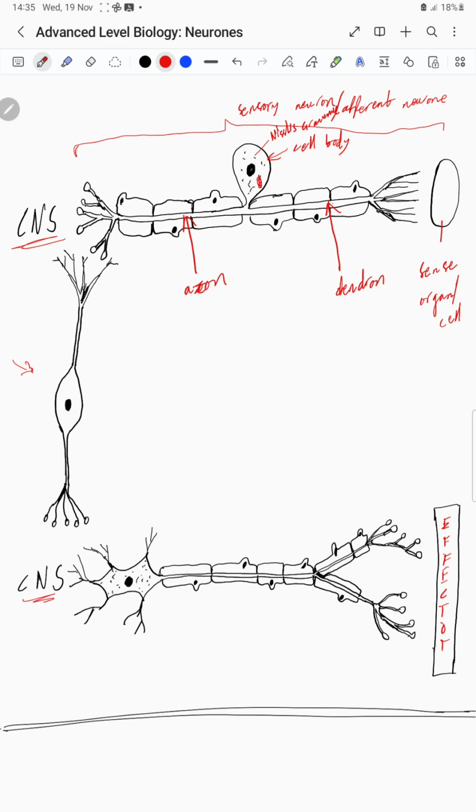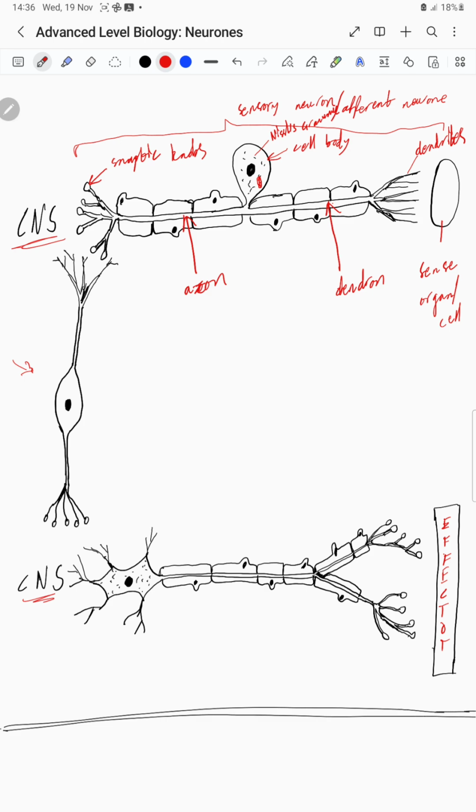The dendrons further divide into finer branches called dendrites, and the axon also divides into finer branches with a swollen end, and we call those synaptic knobs.